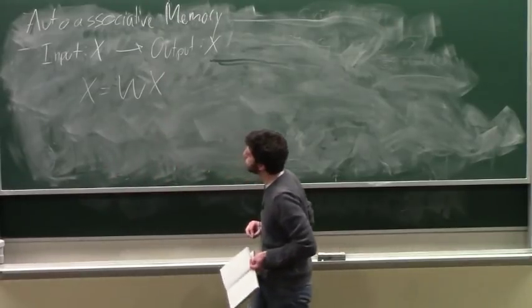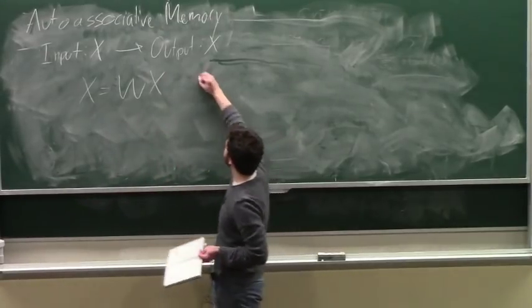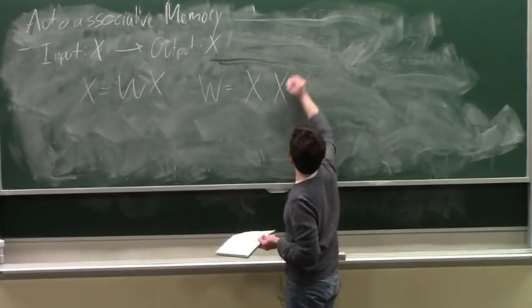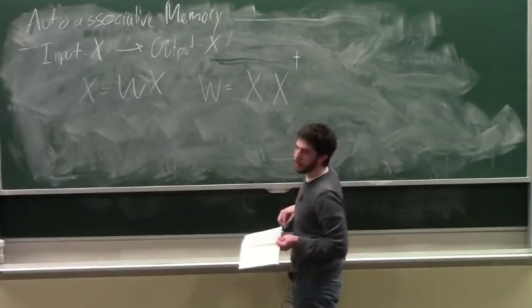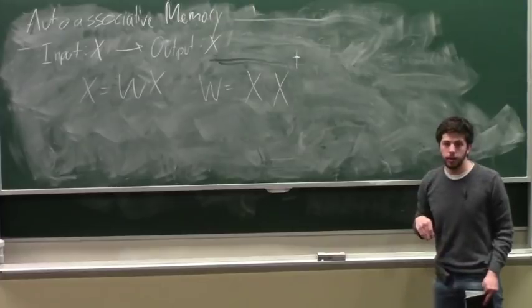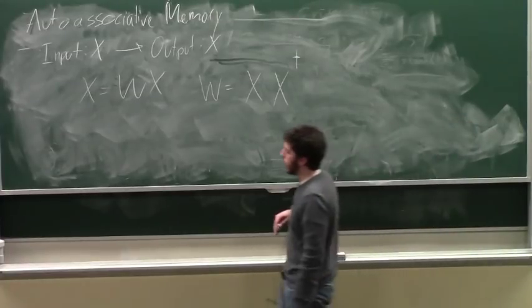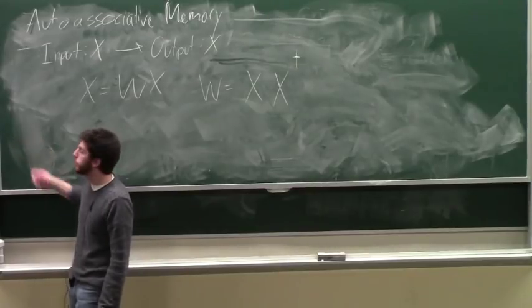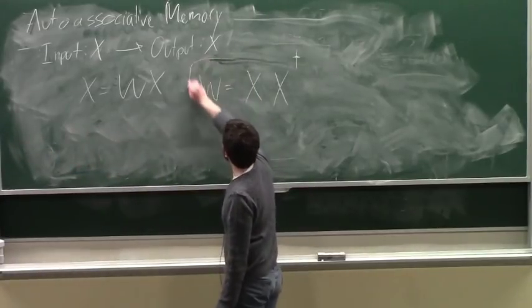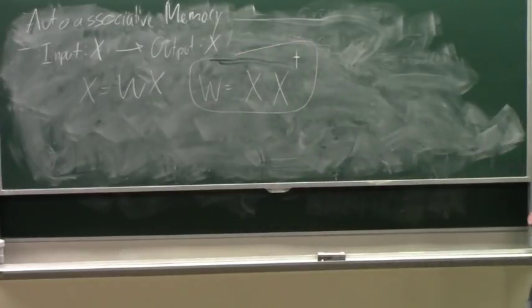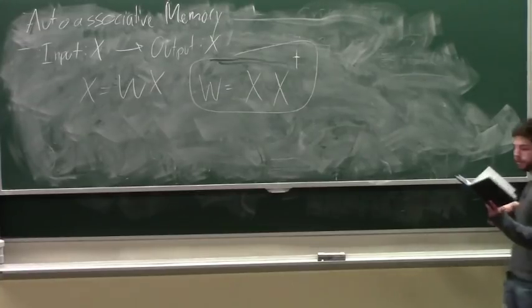That's the goal. And the weights after you train can be x times the pseudo-inverse of x. And the pseudo-inverse, we're saying that's not a true inverse simply because there's no guarantee x is a square matrix, right? But that will be your weights. And using those weights, you can reconstruct your output even if a lot of the input is gone. And that's called auto-associative memory.